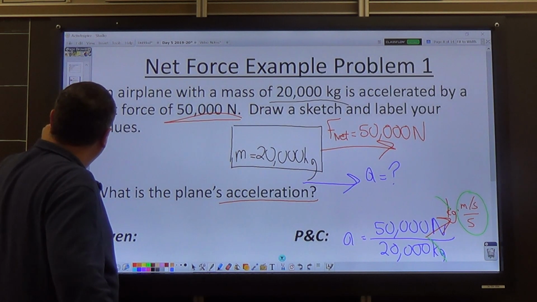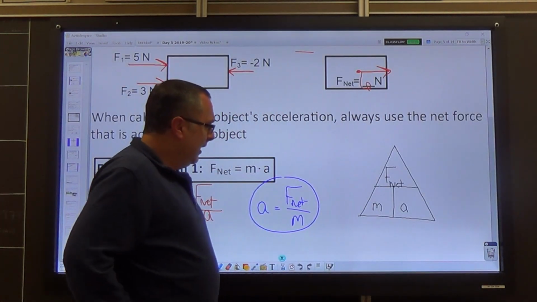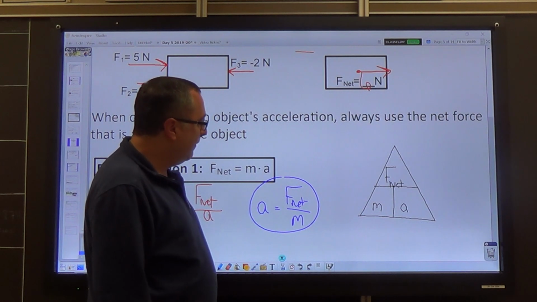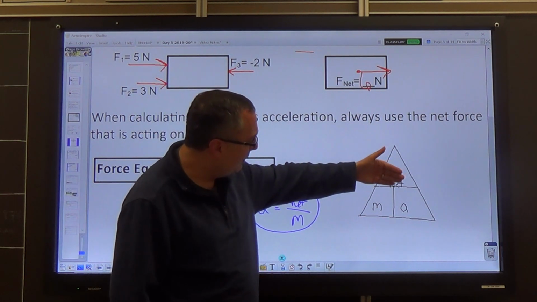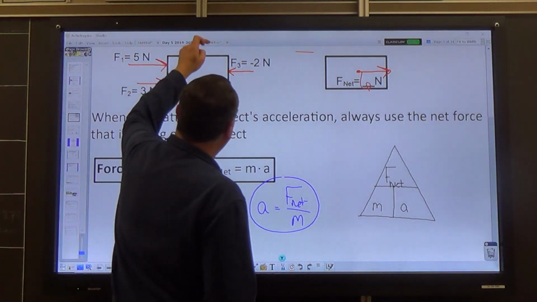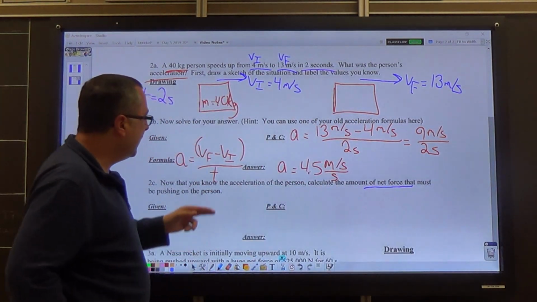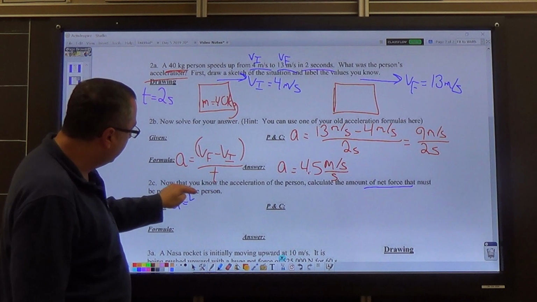And looking again back at the formula, if we're looking for the object's force, you cover that up, that would be mass multiplied by acceleration. So in this problem, we now have the acceleration.